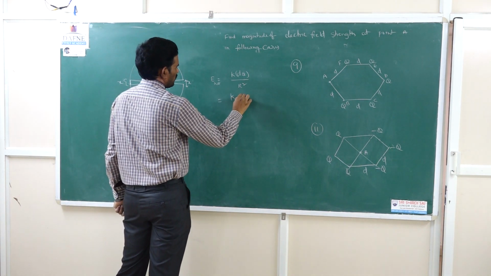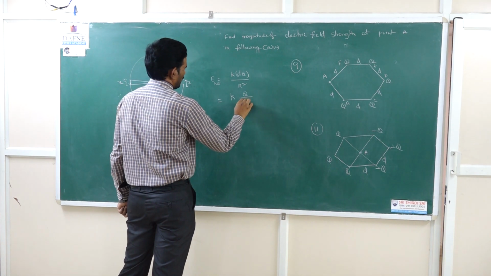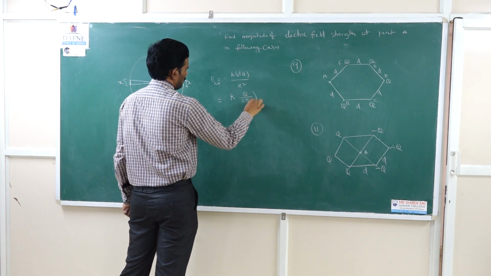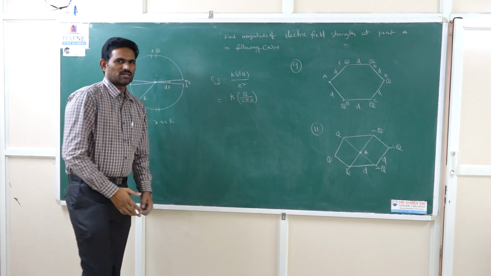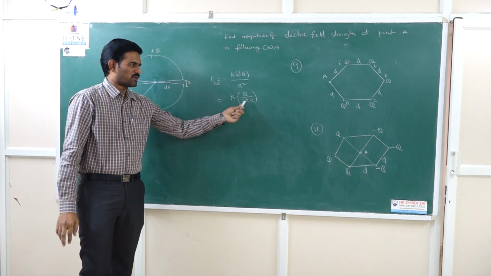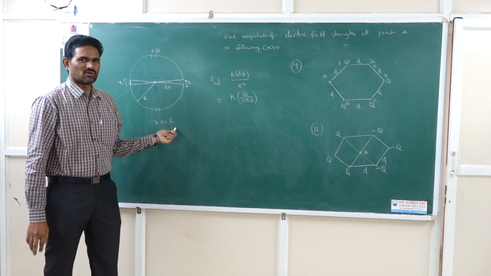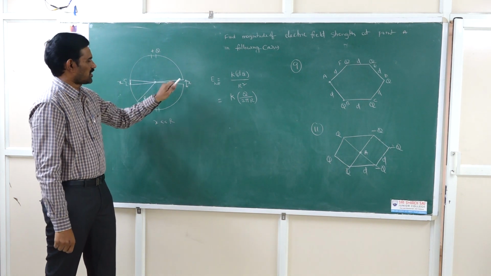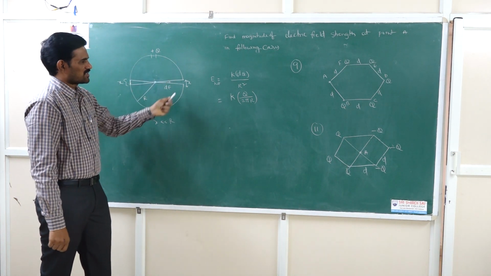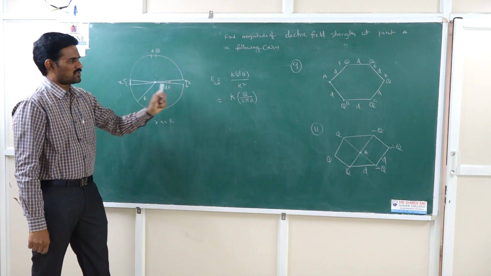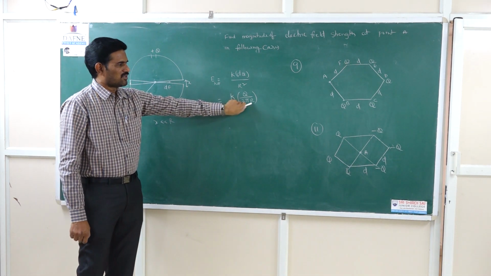Now this q value I can write as q by 2 pi r, because x is very small here. When x is very small, you can almost assume that the total charge is distributed on the entire ring. So that length I am taking as 2 pi r.